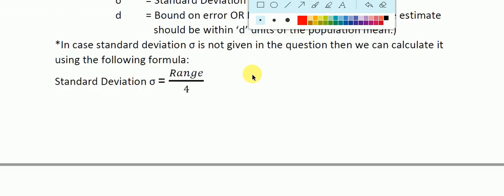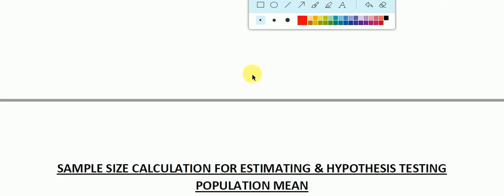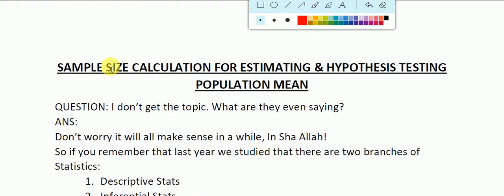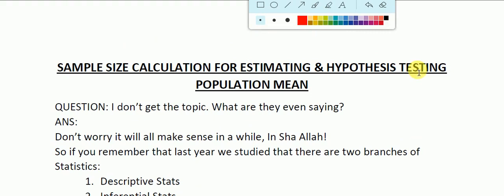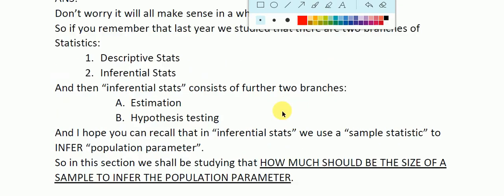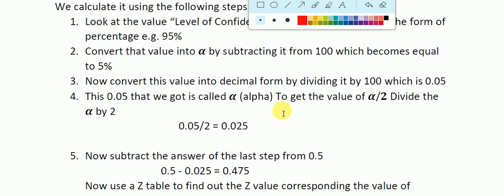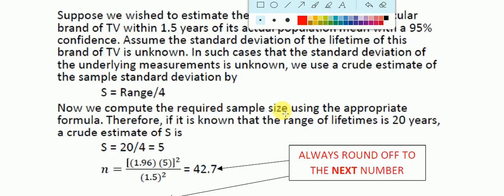So that's it. We have discussed sample size calculation for both estimation and hypothesis testing, and in hypothesis testing we discussed how to calculate sample size for two-tailed and one-tailed hypothesis testing. Now how do we see if it's a two-tailed or a one-tailed hypothesis testing?